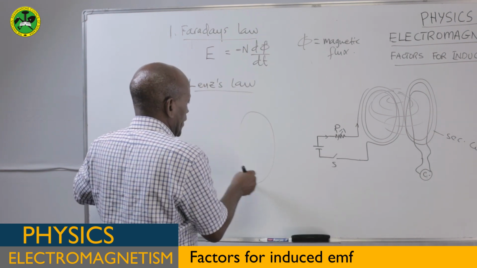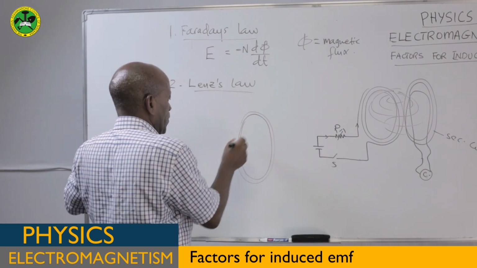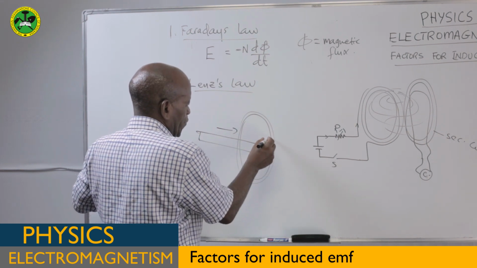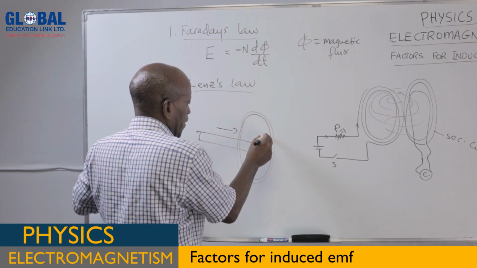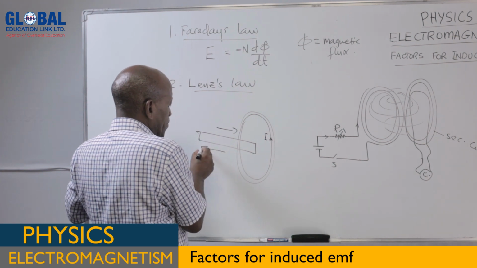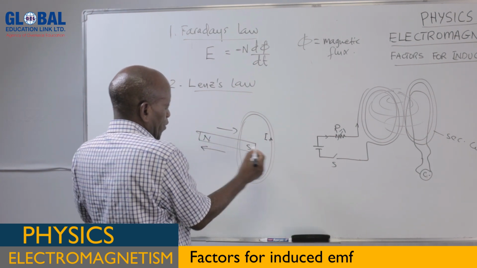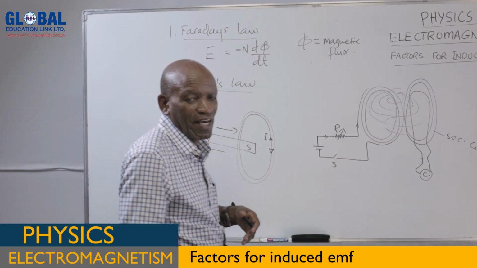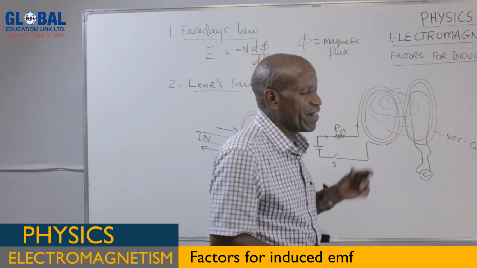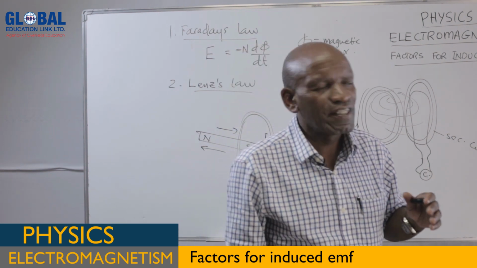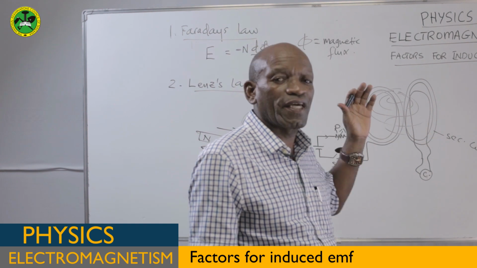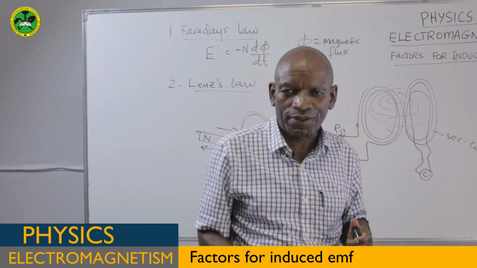If this were a coil, for example, if the magnet were moved towards it and the current were flowing in this direction, whenever you recede the magnet, the current will flow in the opposite direction. And these are the two laws which guide the process of electromagnetic induction.